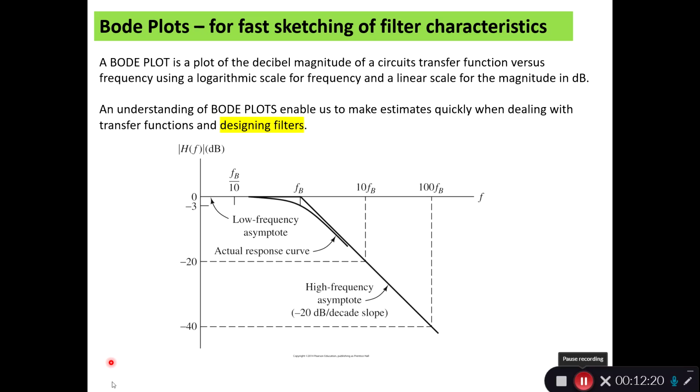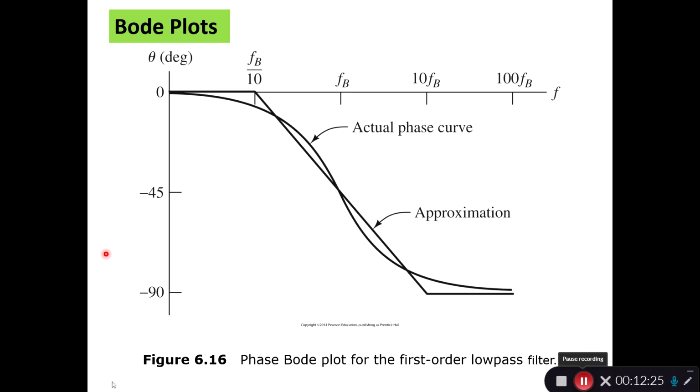How will it look like for the phase? We will also like to show the phase. Remember that a low pass filter at the break frequency has minus 45 degrees. So this is a dot point where we sketch a point. Then we know when the phase actually starts changing at the frequency 10 times below the breakpoint frequency.